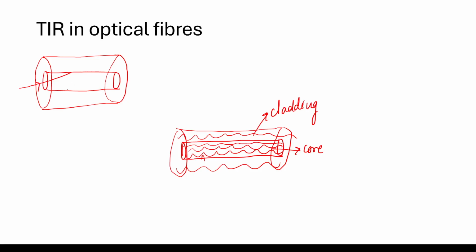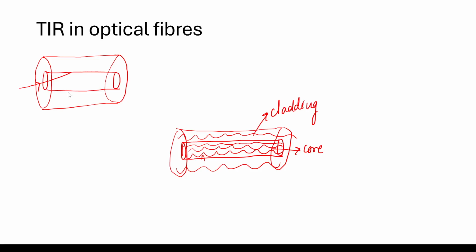Now what happens is the light ray that is entering into the core, in the form of a data signal, an electromagnetic wave, a light wave carrying communication, is used for high-speed data transmission. Over long distances, this data could be lost if we're not using total internal reflection.